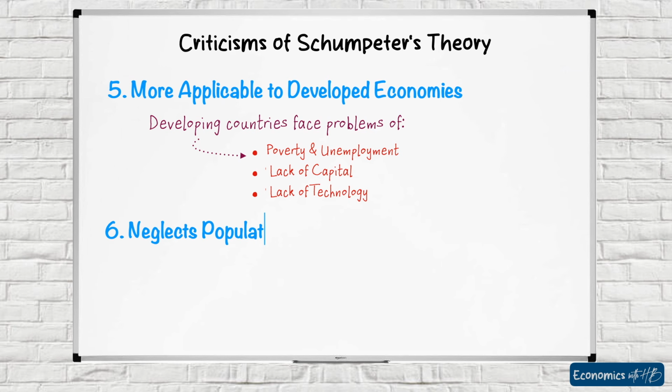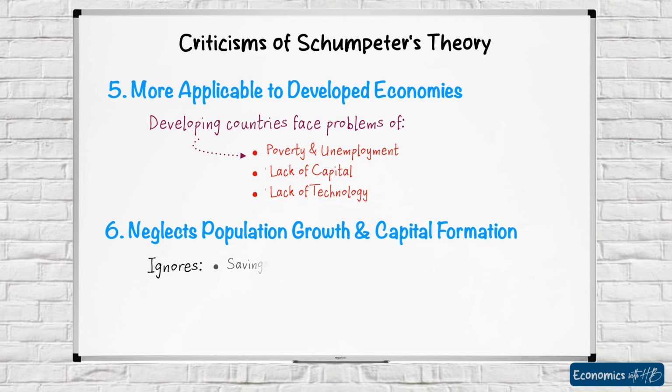He neglects population growth and capital formation. Schumpeter links population rise at best with the gradual growth of the economy, but not development. When he says that population increase leads to increase in consumption of goods automatically, he ignores factors such as savings and investment, capital accumulation, labor force growth, and other demographic factors, all linked to behavioral aspects of population growth.